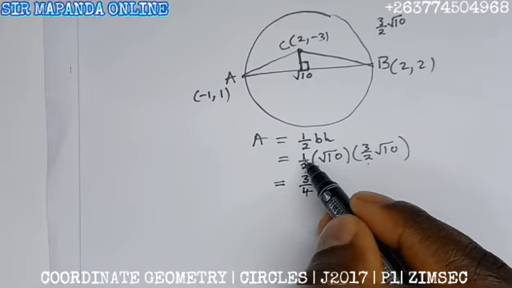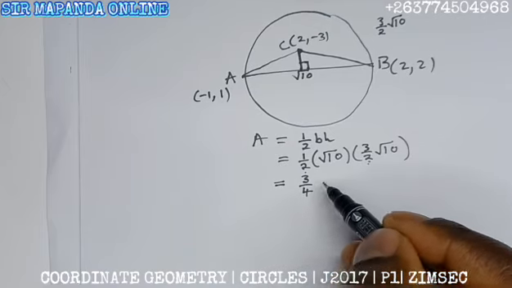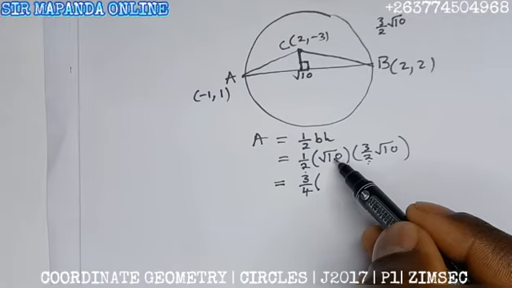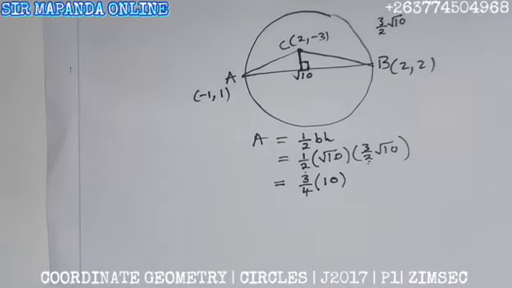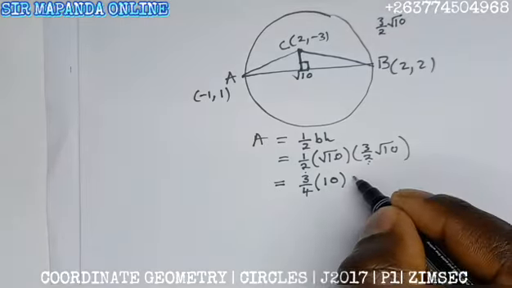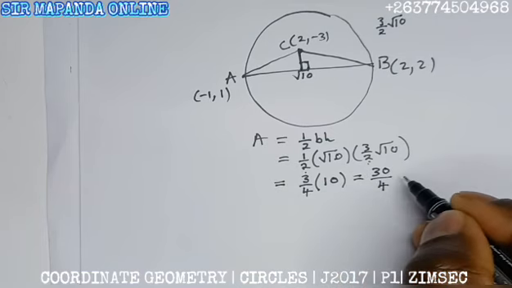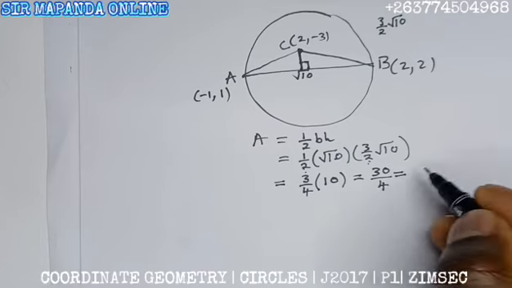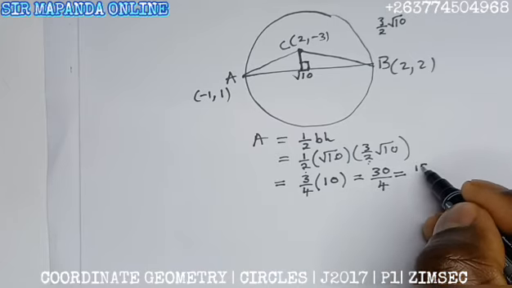You are saying 1 times 3 is 3, then 2 times 2, you get 4. Open bracket. Root 10 times root 10, it gives you 10. If you multiply common surds, you get the number inside the surd. So this is the same as 30 over 4, but we can reduce it with 2. 2 into 30, it's 15.